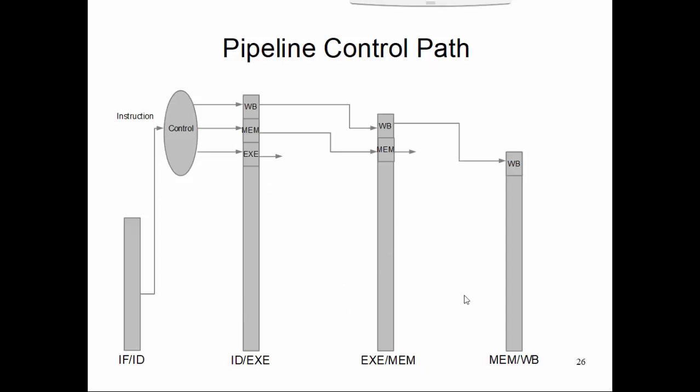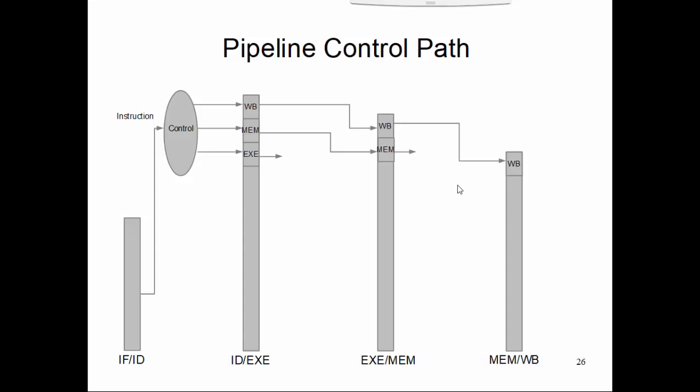So the exe group of signals gets consumed during the exe phase, the memory group of signals is consumed during the memory phase, and write back related signals are consumed during the write back phase. So that's how, in a very summarized way, a pipeline is implemented.